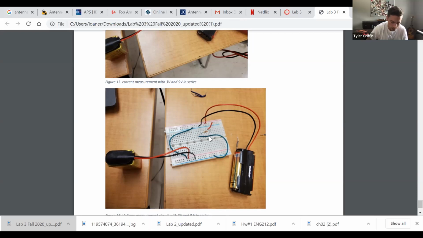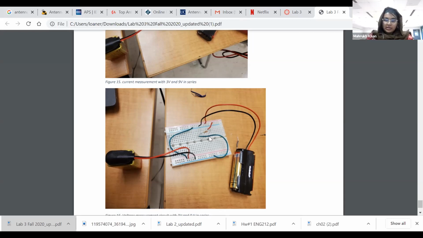When I connect the battery, the positive wire to the positive side and the negative to the ground side, and then I have my DMM set to this. Can you show me your battery? Got it. So then I turn the DMM on and put the positive, and I just get an output reading of 0.